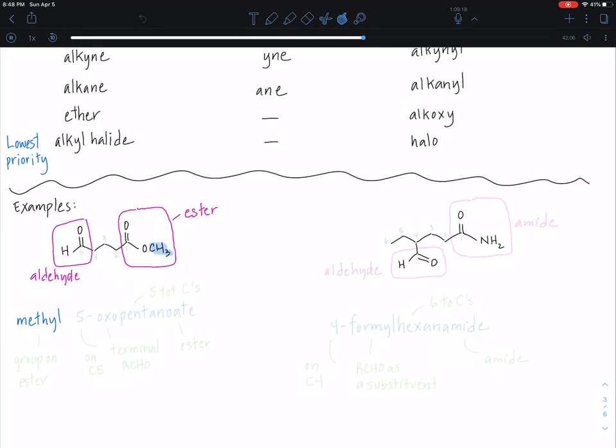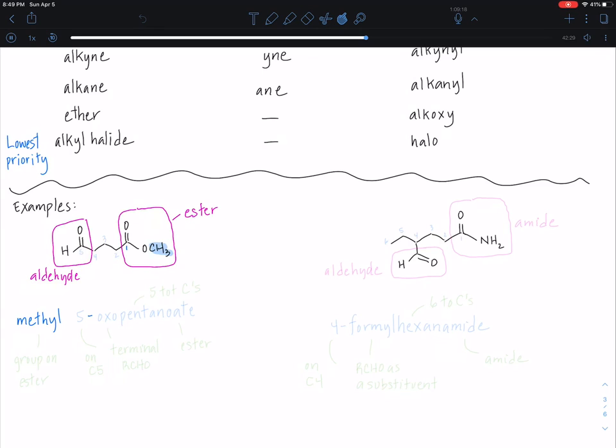So that carbon right there for the ester, that carbonyl is going to be carbon 1. Then there's carbon 2, 3, 4, right? So on the 4th carbon, you see, that methyl group's off by itself. There's no dash after it separating that from the 4, right?